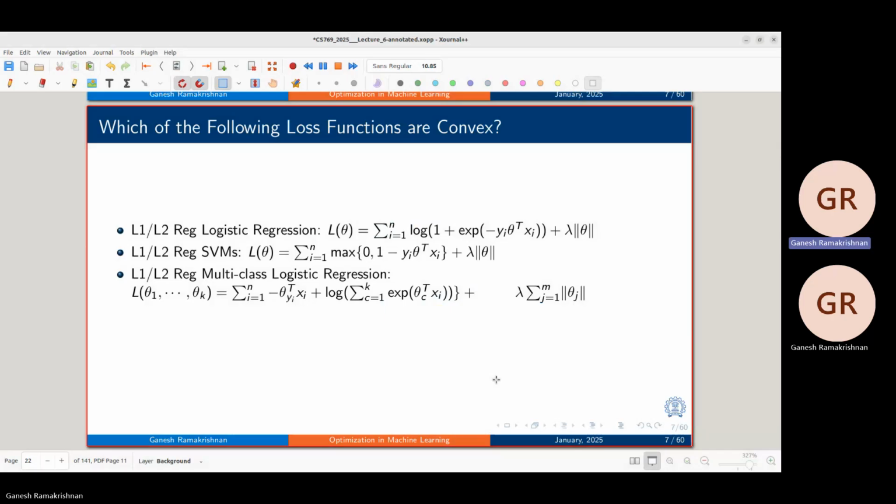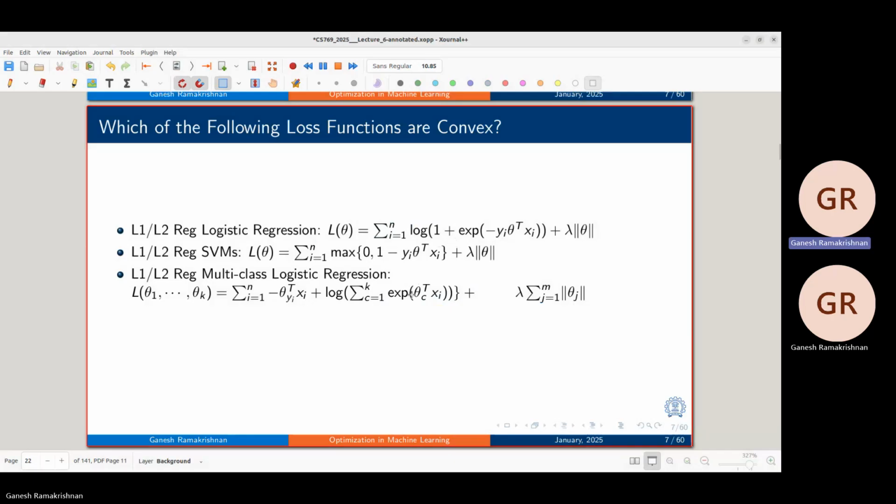So anything? Yeah. So theta, yi, sorry, yi into theta transpose xi. Please treat this as such; there's a little bit of a goof up I made.